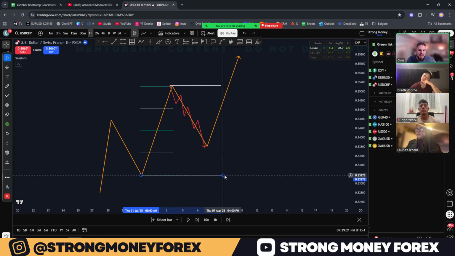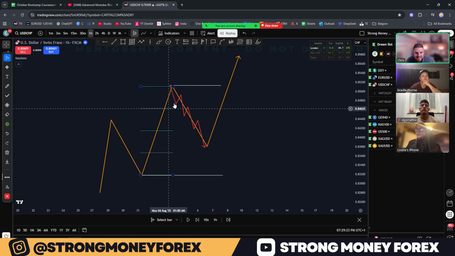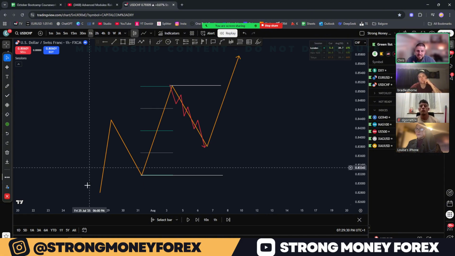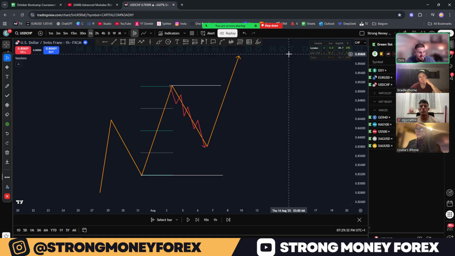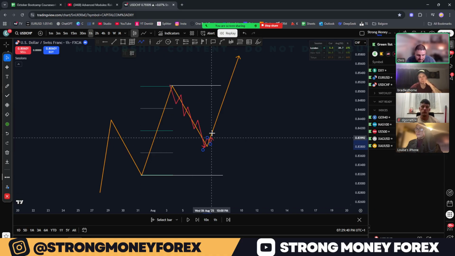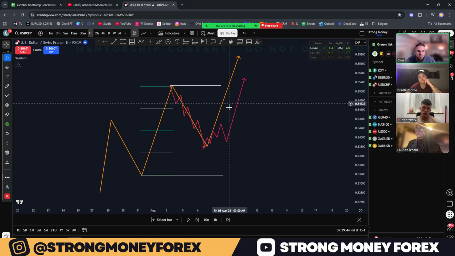Whatever happens within this section from this high to this low is internal structure only and should not be trusted as external structure is. Because of that, if the hourly shifts bearish, we can take a 15-minute shift to get ourselves into a trade long. We don't have to wait.